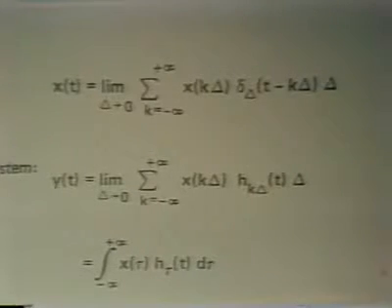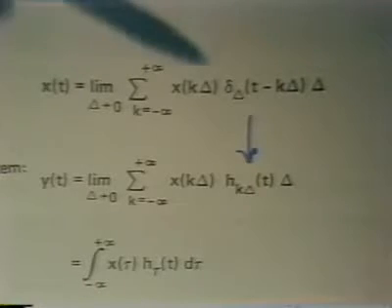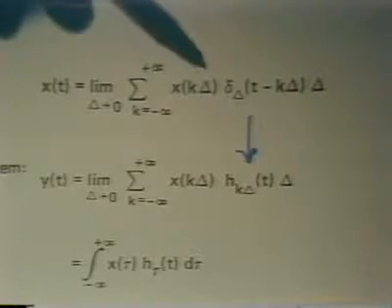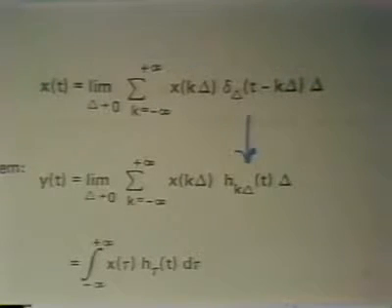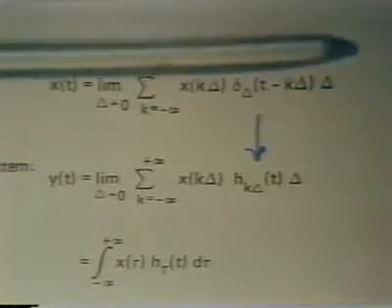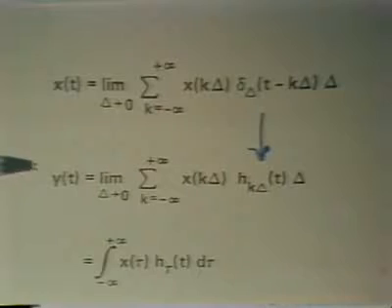So with h sub k delta of t corresponding to the response to delta sub delta of t minus k delta, the rest of this stuff, the x of k delta and this little delta, are basically scale factors. For a linear system, then, if the input is expressed in this form, the output is expressed in this form.